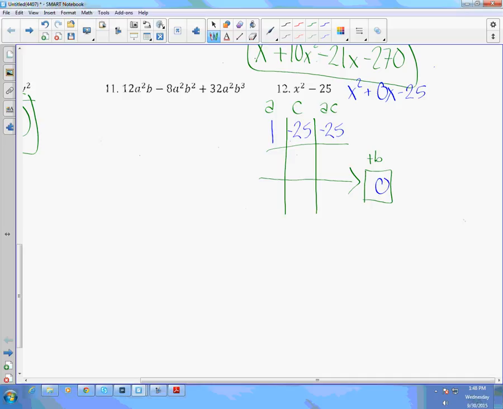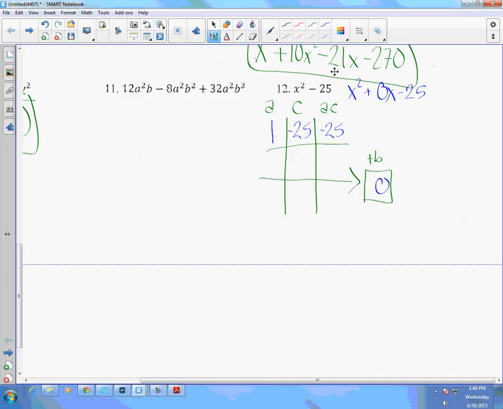We need two numbers that multiply to negative 25 and add to 0. Tell me what you have. That multiplies but doesn't add to 0, so we can go again.